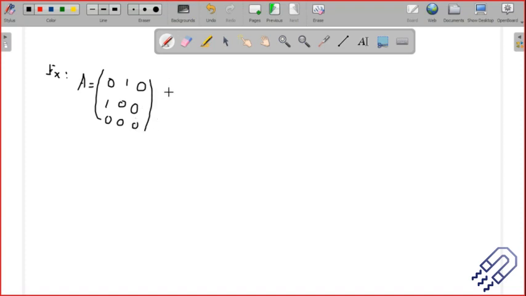You have to find out the eigenvalue and then the eigenvector. It's actually simple, it's not very complicated.